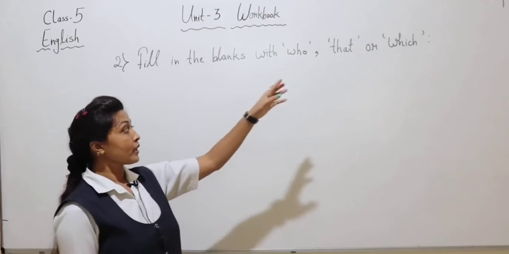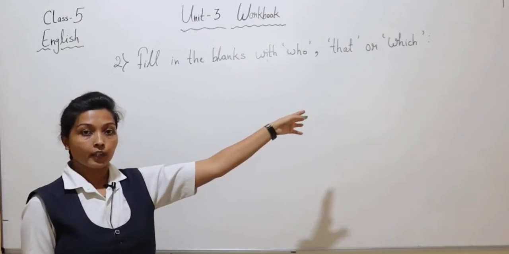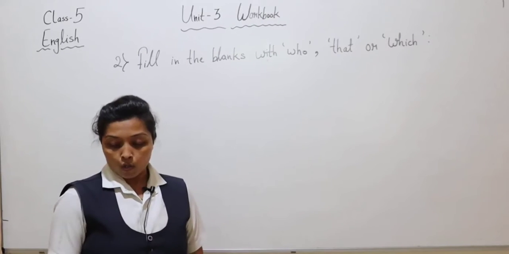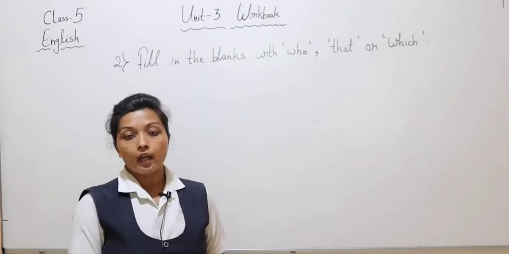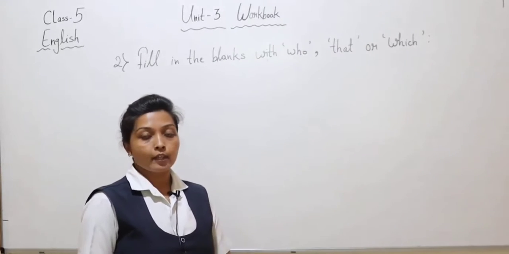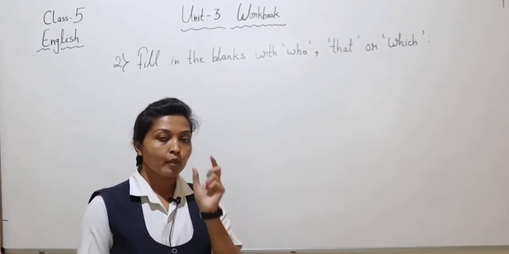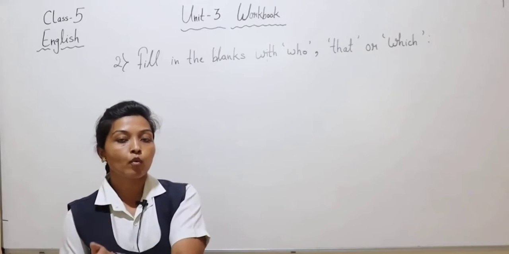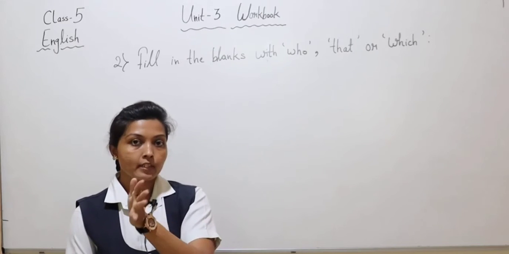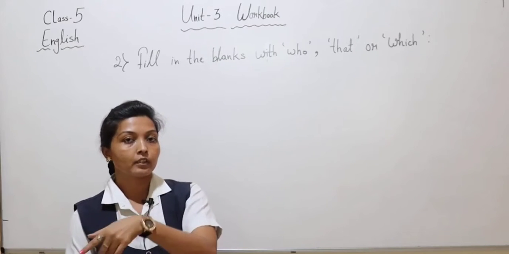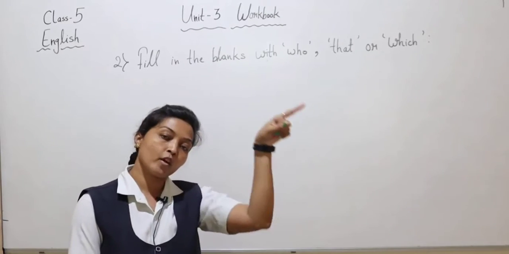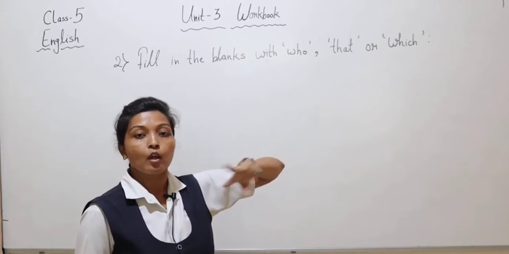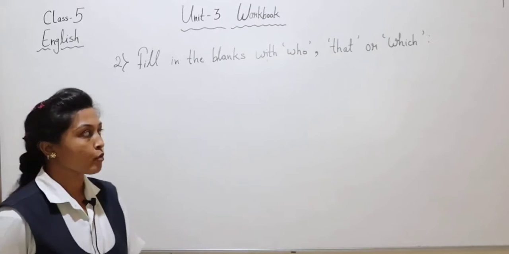Okay, that indicates a person or a thing, and which we use when in any sentence some information is given, and then the next one continues, related with the first one. So in that we use which. Okay.